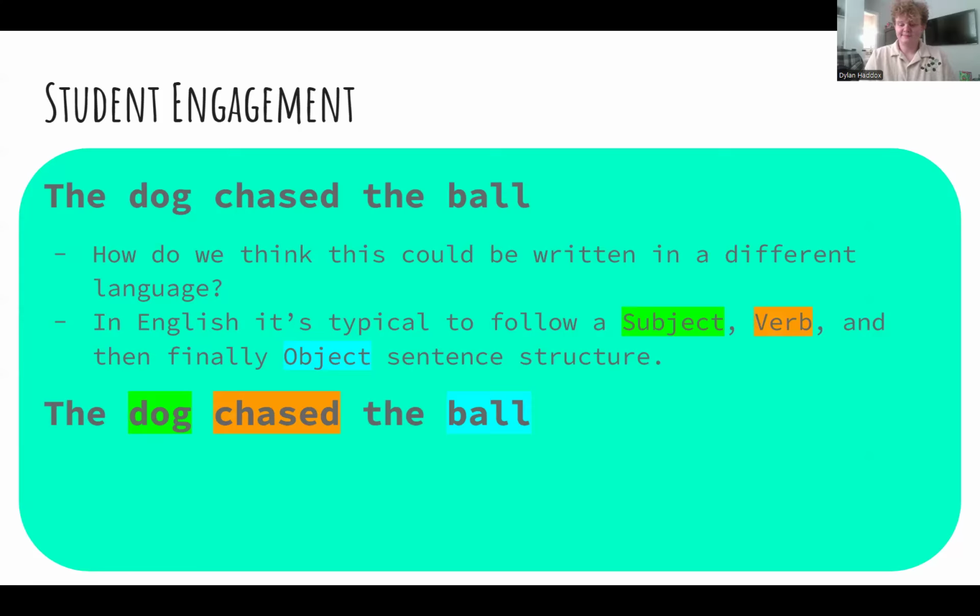Because it really can affect the understanding that you bring to each of these different language classes. And I went ahead and highlighted, this is going to stay consistent throughout the entire presentation. The subject is always going to be green. The verb is always going to be orange. And the object of the verb is always going to be blue.